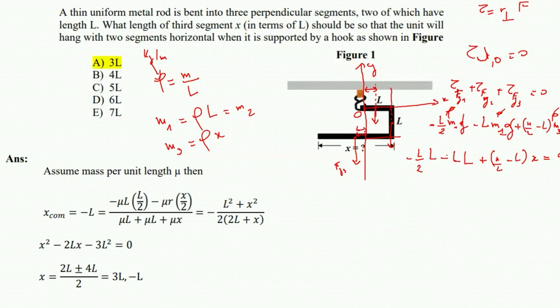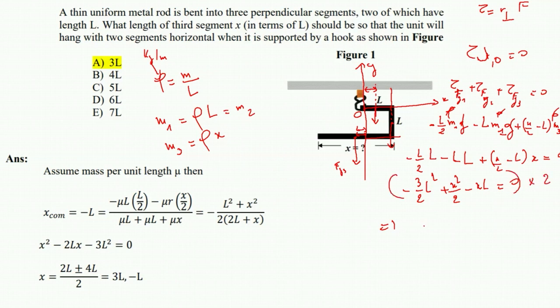Good, let's go for it. Here you will have L squared divided by 2, here you will have L squared, so you will have minus 3 divided by 2 L squared. Now let me distribute: I'll have x squared divided by 2 minus xL, and this is equal to 0. Let me multiply everywhere by 2.